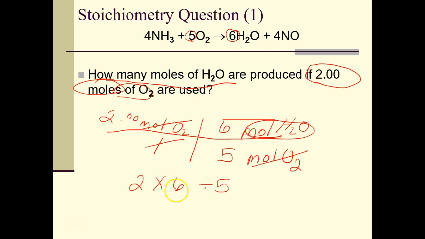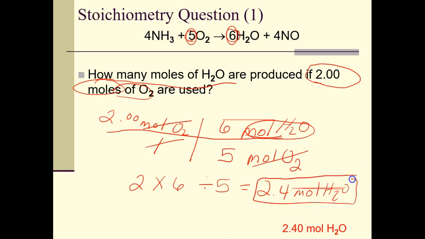So 2 times 6 is 12, divided by 5 gives you 2.4 moles of water. This is why I told you to make sure that when you do this, you have your units and your substances. I'm going to stop this video for now, and I'll come back to it in the next one.